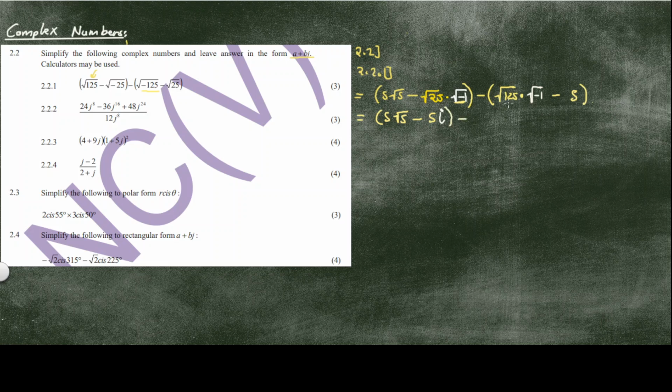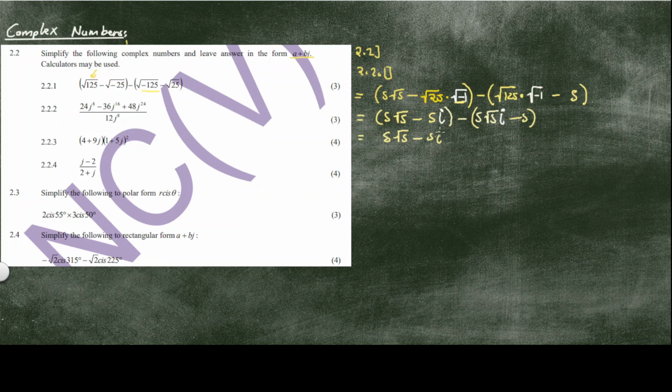Then it's going to be the square root of 5, square root 5 and the i, as well as the i. Let me close the bracket for now. All right, so now that we have simplified our square roots, we can now start removing our brackets and simplify further.